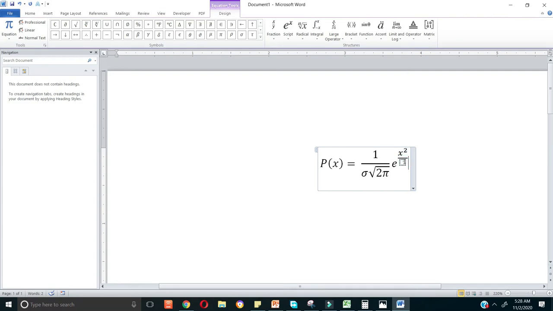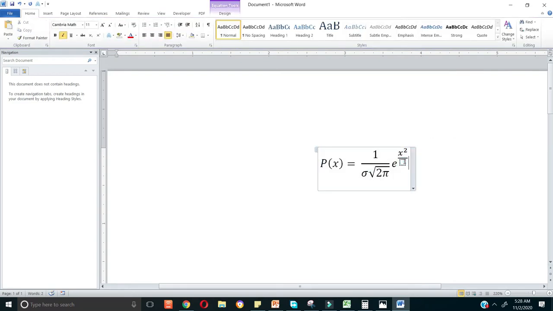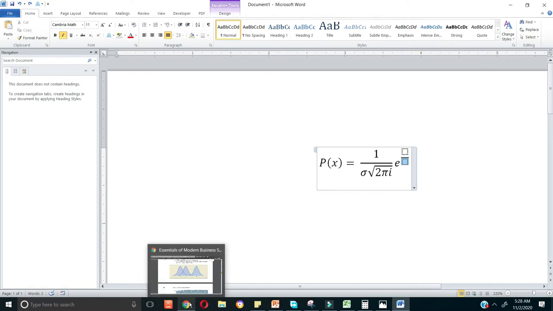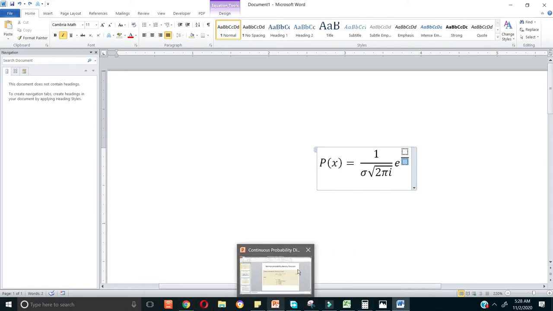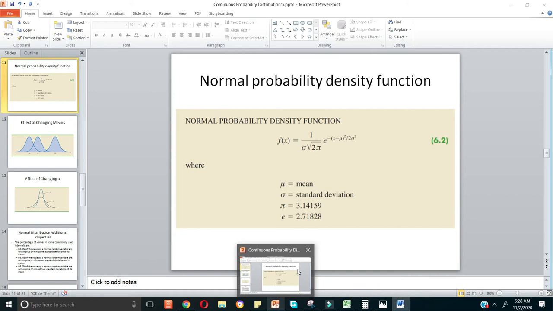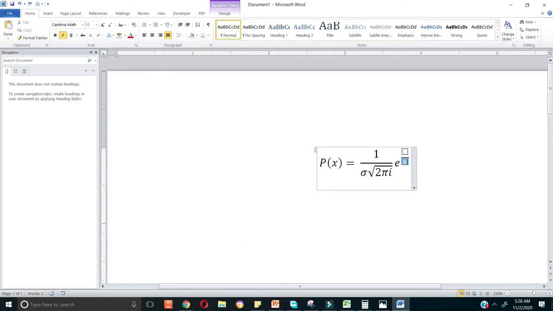So this is what I wanted to show. So that is just 2, and that is x squared.